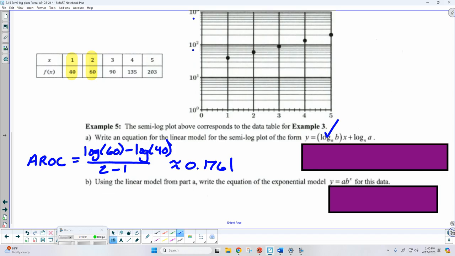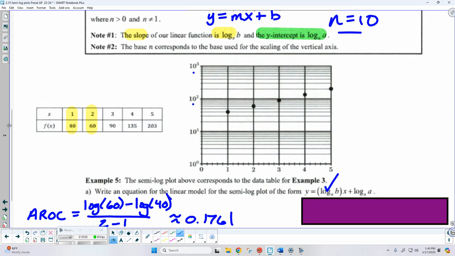Let me get a place where I can find some room here. This is what we want. We want log y equals log of b times x plus log of a. So I'm using n equals 10 here. Now we just found that our slope is 0.1761.